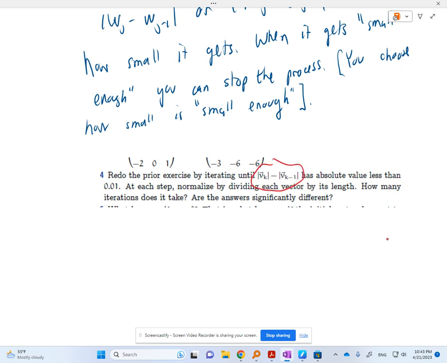Let's insert the screen clipping. So that's the point here. This is really not correct. It should be the absolute value of Vk minus Vk minus 1 like this. The distance between those two successive vectors needs to get smaller and smaller. So he's saying when the distance between these two gets small, then that shows you that you're close to the end of the process. All right. Here he chose a small number. For him, this is small enough.